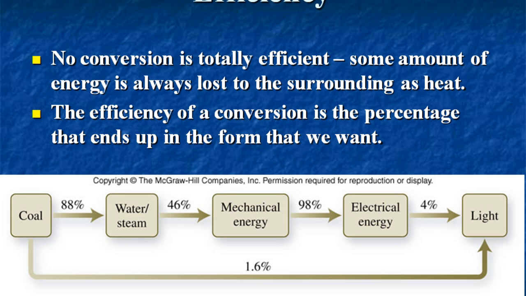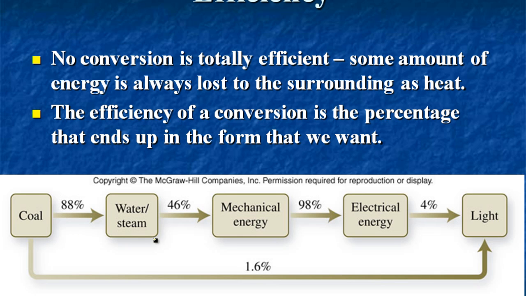So here is this picture. What it shows is, let's say you are starting with coal, burning coal, and 88% of the heat energy produced, we can use to boil water, to make steam, which we can use for turning the turbines.